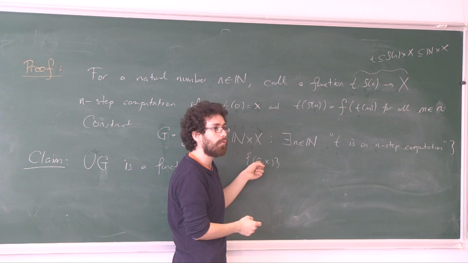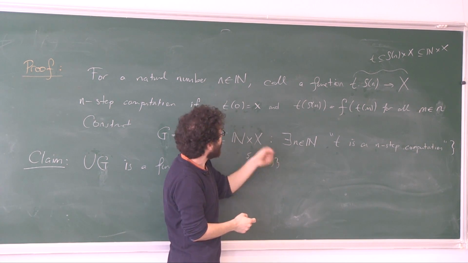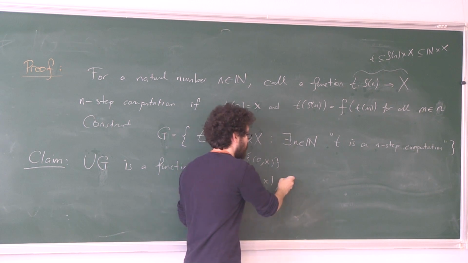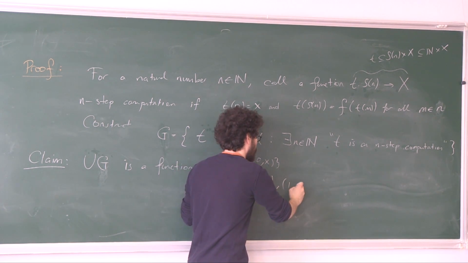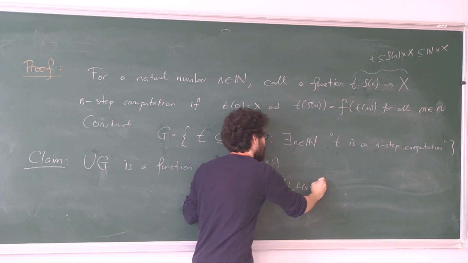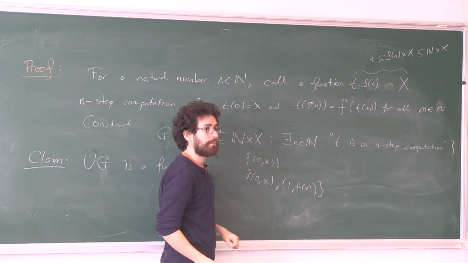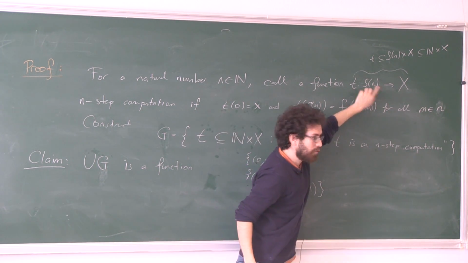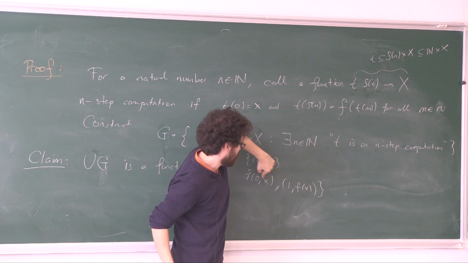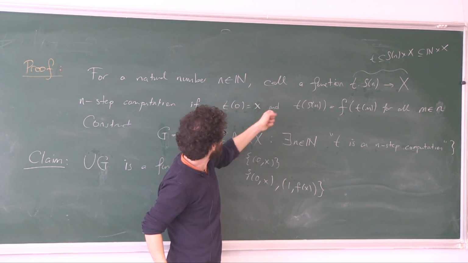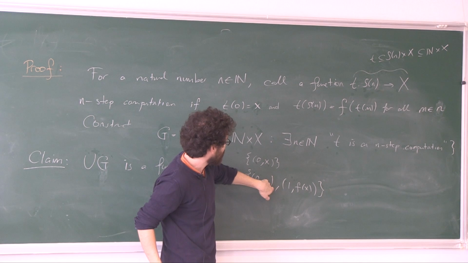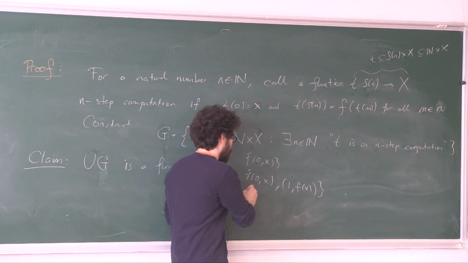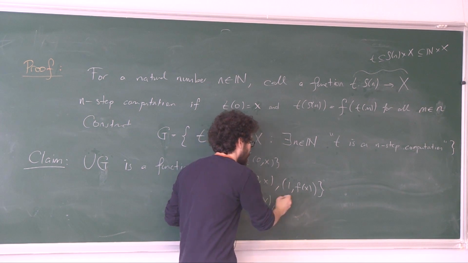It sends 0 to x, and it satisfies its properties. Tell me a one-step computation. This is a one-step computation. This is a function with domain 2. It satisfies its properties. It sends 0 to x, 1 to f of x. So it satisfies this as well. This is a one-step computation. Here is a two-step computation.